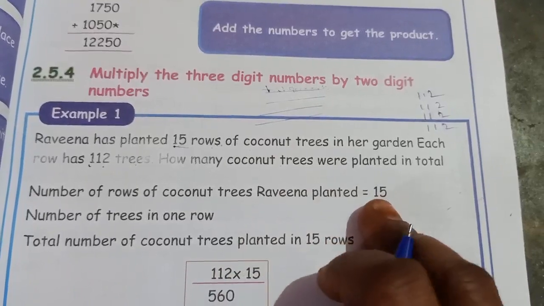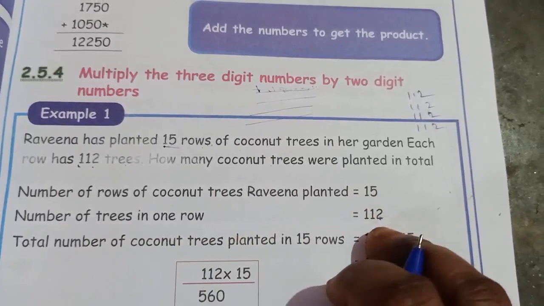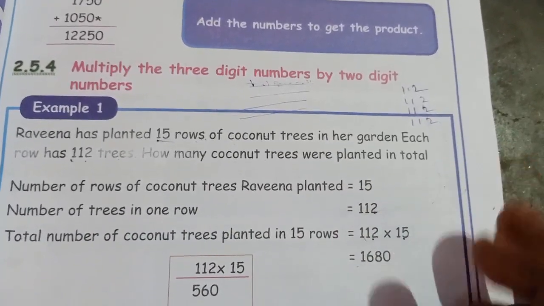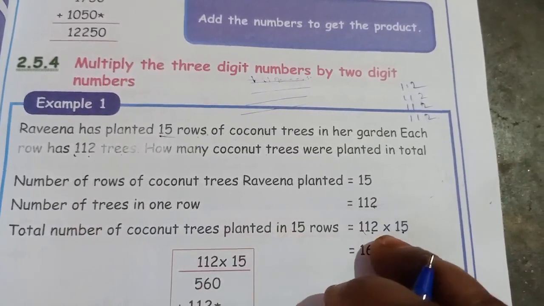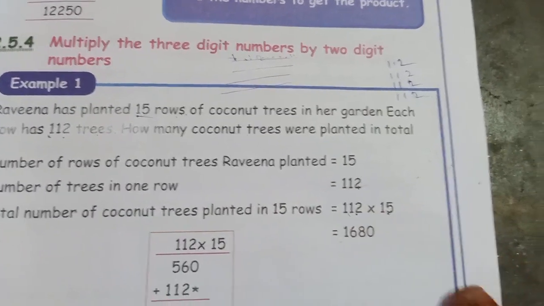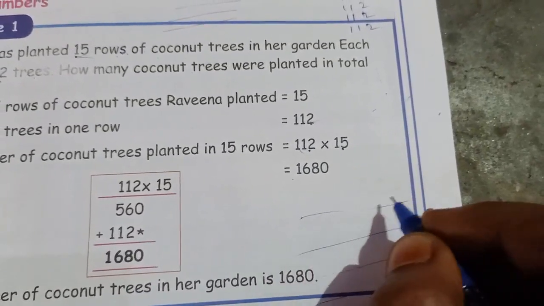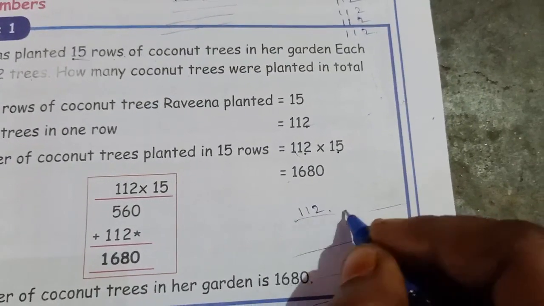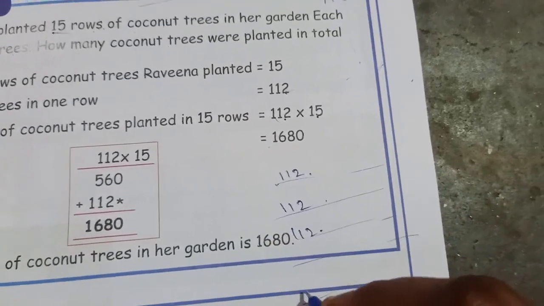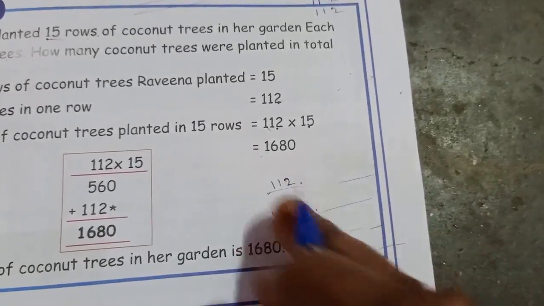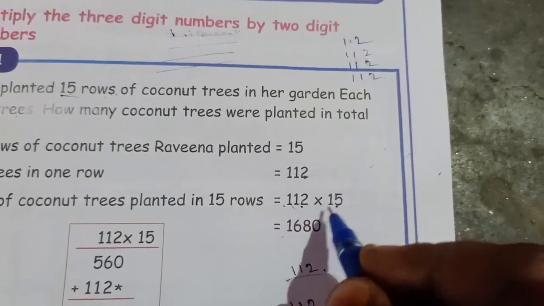Okay, totally how many rows? 15. Number of trees in one row: okay, how many in each row? 112 trees. Okay, now what's our question? Total number of coconut trees planted in 15 rows is equal to 112 into 15. See ma, I have planted coconut trees in 15 rows. Okay, how many trees do I plant in each row? 112. In this row 112, in this row 112, in this row 112, I keep planting like this row by row. How many rows are there in total? 15. Okay, so if we multiply this number by 15, we can easily get the answer. Okay ma, so 112 into 15.